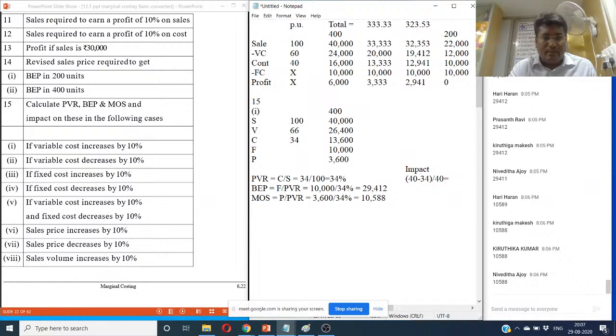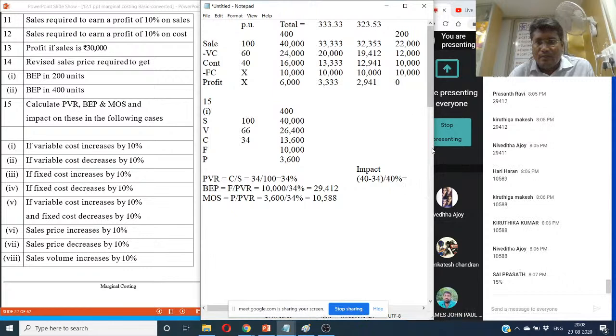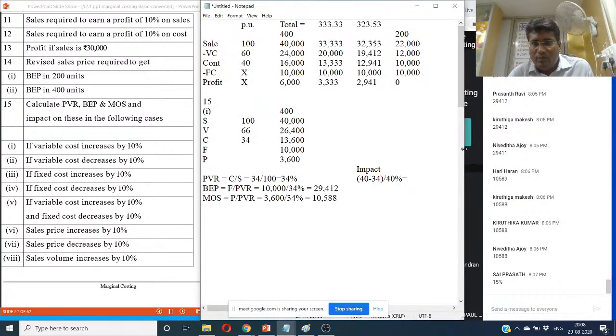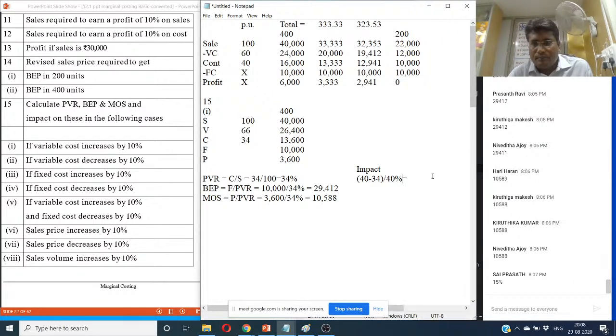Represent that in terms of percentage. This is called impact. Yes, 15% decrease. Very good.